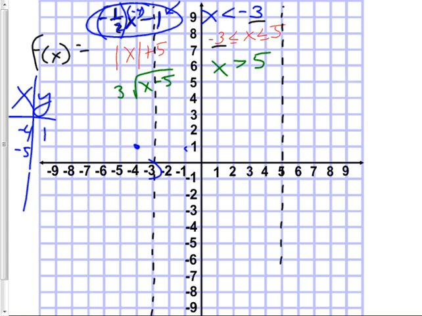I right away would cheat and change it to -6, just because it's so much easier to take 1/2 of 6. So -1/2 times -6 would be +3. +3 minus 1 would be +2. So then -6 goes with 2. Look at that. And I know it's a straight line. So I'd probably just start going like this and say, okay, I know this thing's a straight line that runs right through there like that.